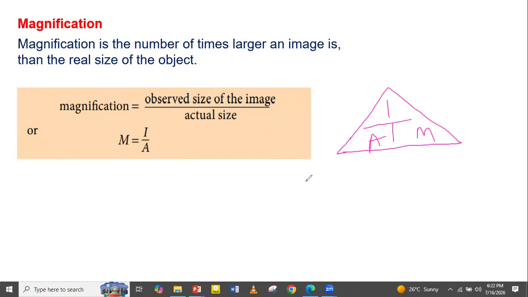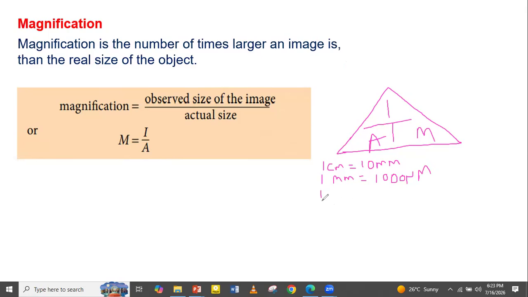So let us also remember the units we were using. We were using millimeters. Let us not forget that 1 centimeter contains 10 millimeters. At the same time, 1 millimeter contains 1,000 micrometers.